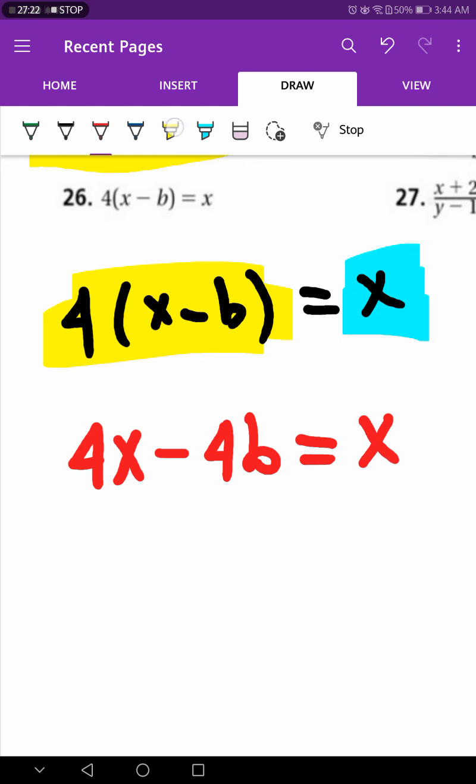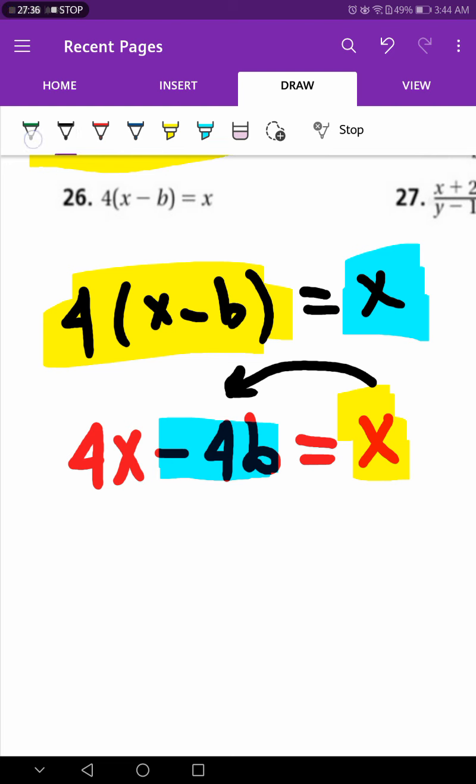Okay, I will bring this x here and move this term to the right side.